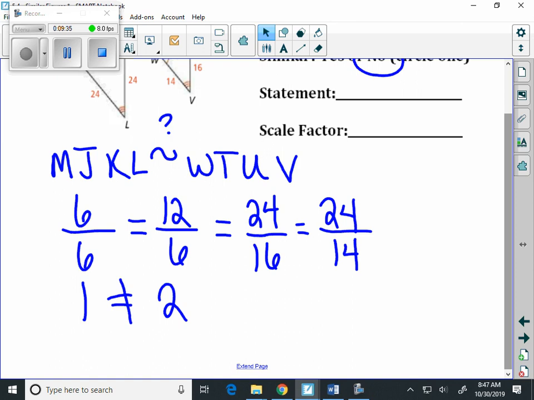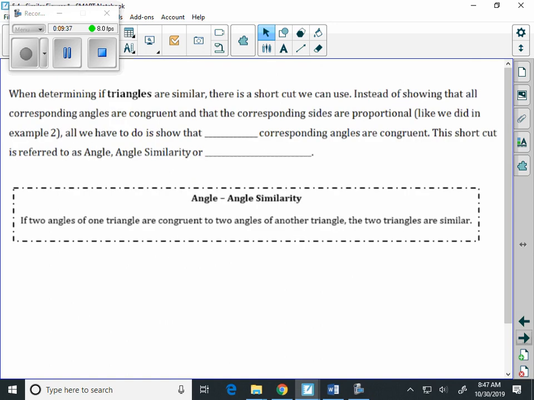As we flip our papers over here, when determining if triangles are similar, there's a shortcut that we can use. Instead of showing that all corresponding angles are congruent and that corresponding sides are proportional, like we just did, all we have to do is show that corresponding angles are congruent.